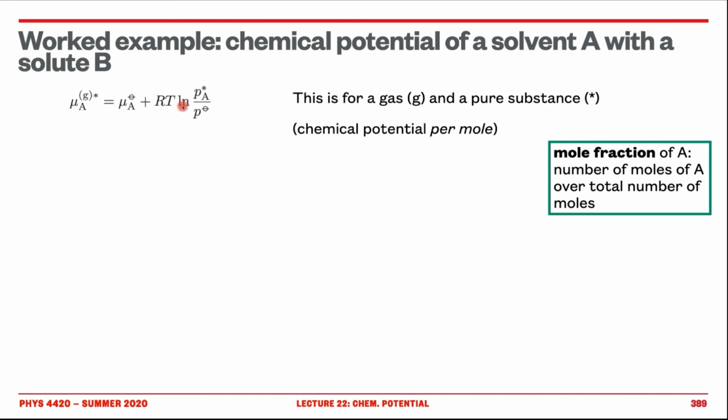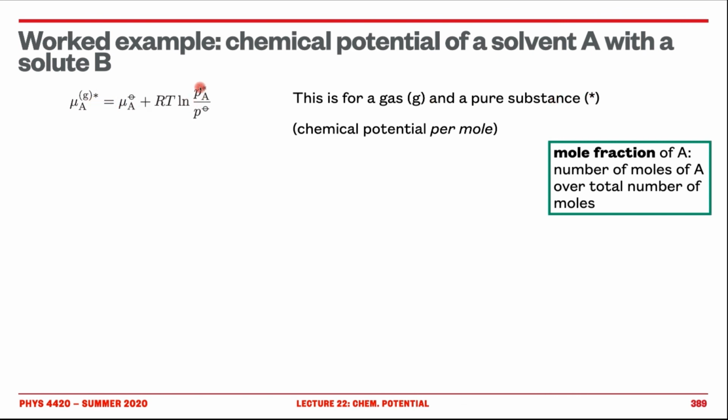So first of all, remember that for the gas, we saw this. We spent quite a bit of time writing the chemical potential of the gas for A as a function of the standard properties, which is pressure and temperature. And then here we introduce a new notation, which is an asterisk, which simply means that it's a pure substance.